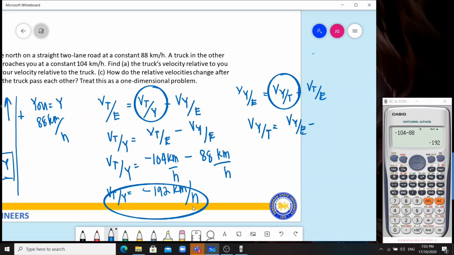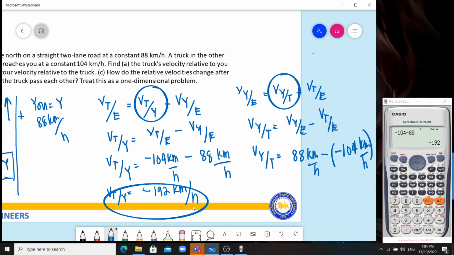Vye minus Vte. Okay? So, ang velocity with regards to the stationary observer is 88 positive kilometer per hour. And then, truck relative, minus negative 104 kilometer per hour.